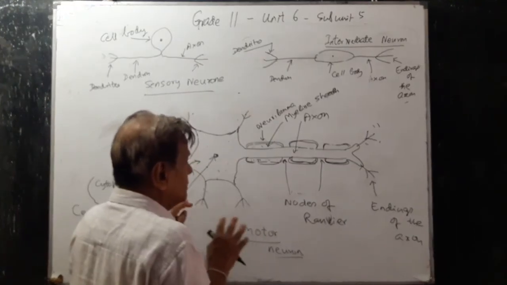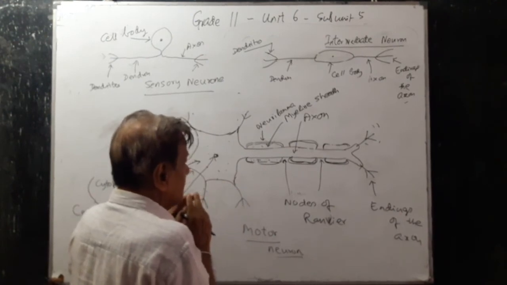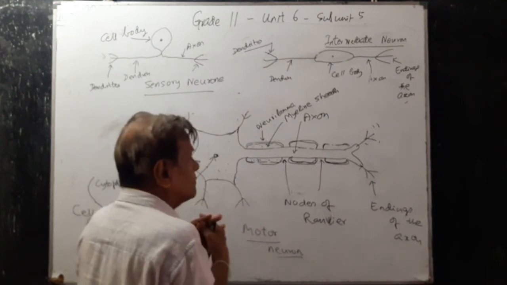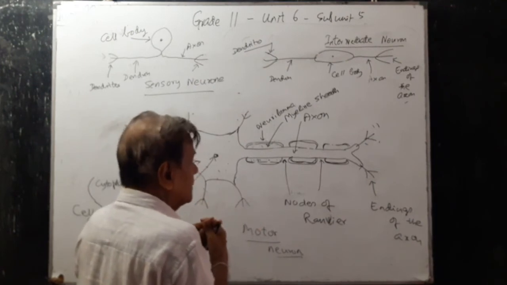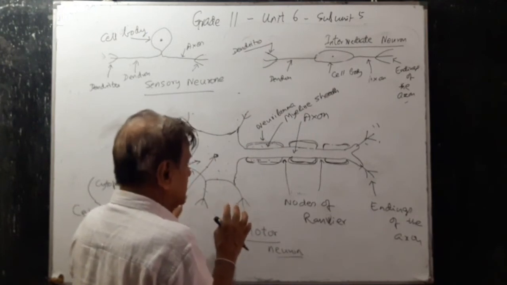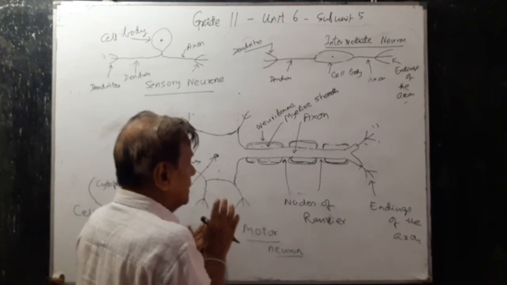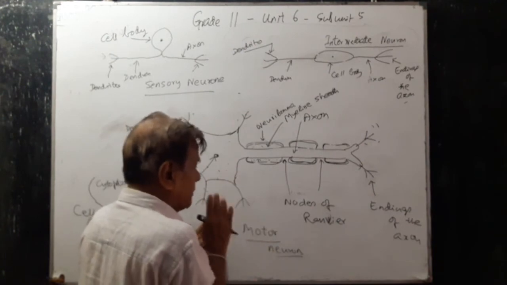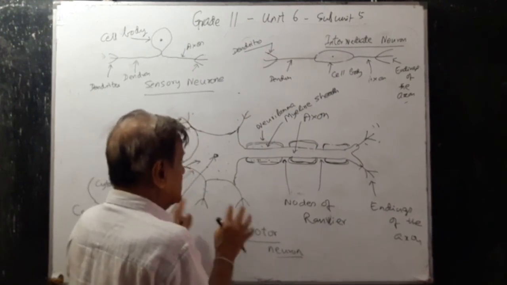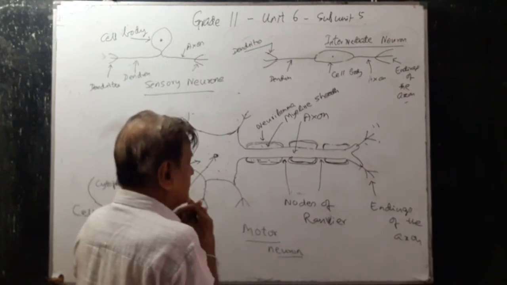That is why the color of nerves is actually white. Reason is that myelin sheath. When a myelin sheath is present, the speed of conduction of messages or impulses is high. This is very important, right?